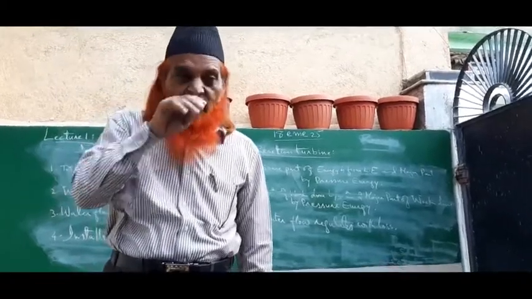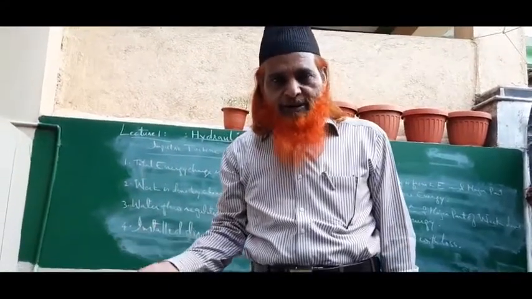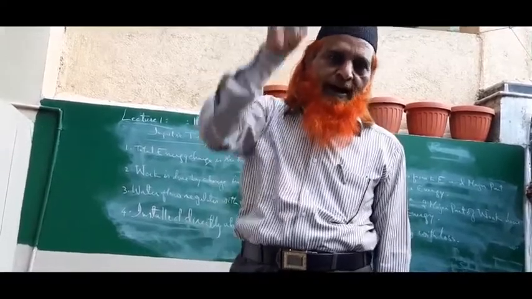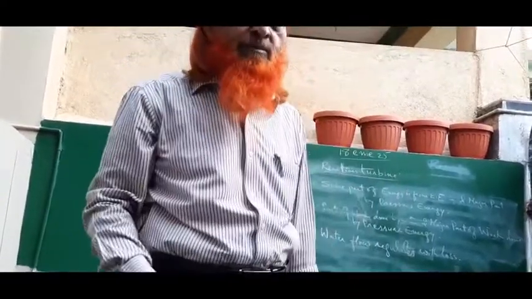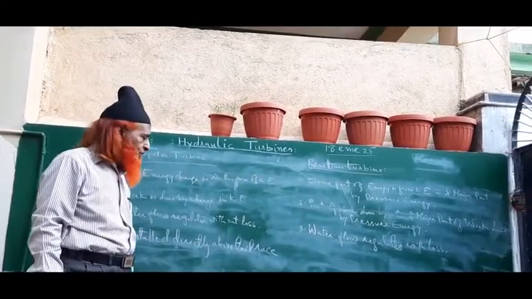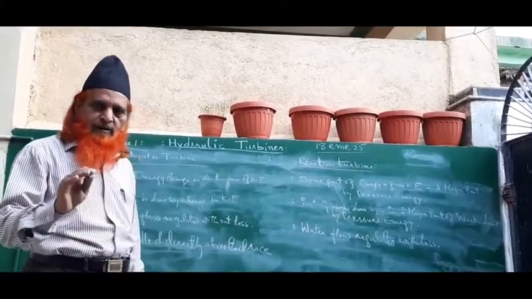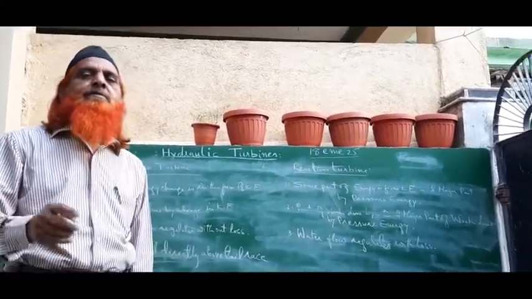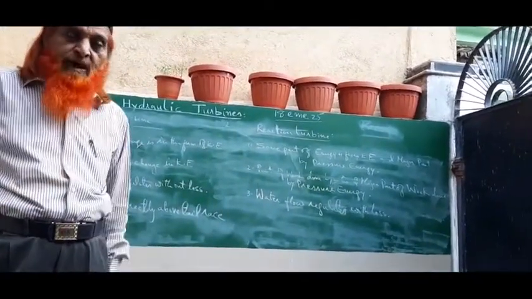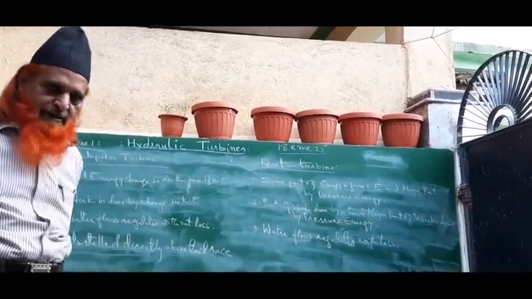Tail race means where water goes out from the turbine. The exit of the water is to a sump, that is the tail race, right? The total head will be counted from tail race to head race, but sometimes some minus and plus will be there. That detail you need not go into. Anyhow, the sump in which the water is collected after producing the work at the exit of the turbine is called tail race. Okay, is it clear to all of you?